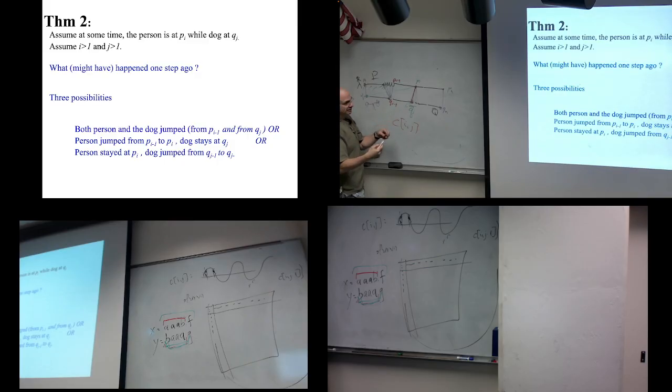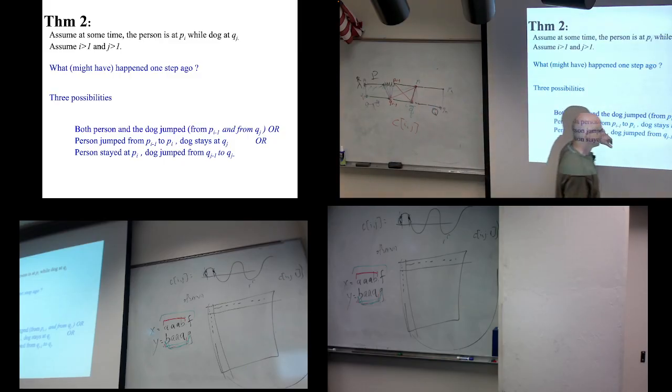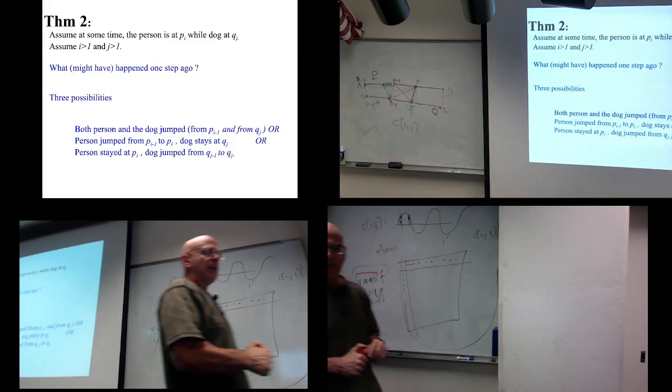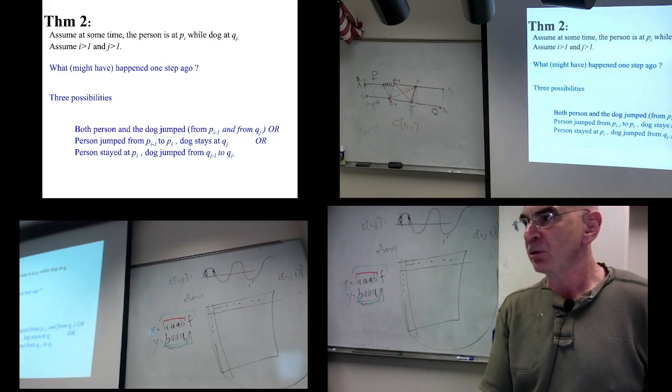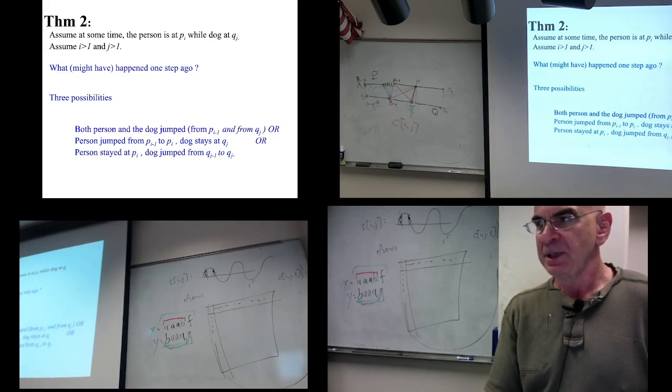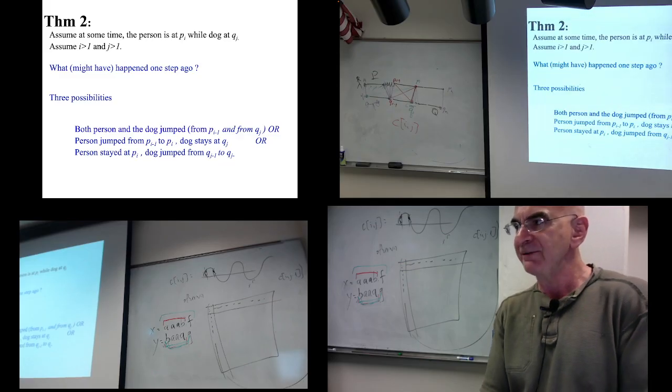That's one option. Another option is that one step ago, I was already at Pi, and it was the dog that jumped. The only other third option is that the dog was already at Qj, and it was me that jumped. So the last step was one of the 3 options: either we both jumped, or the dog jumped, or I jumped. But they all can only jump over one vertex.